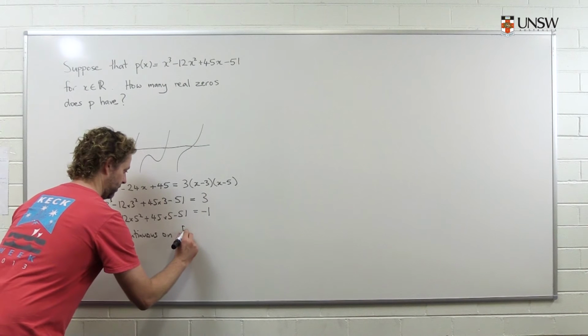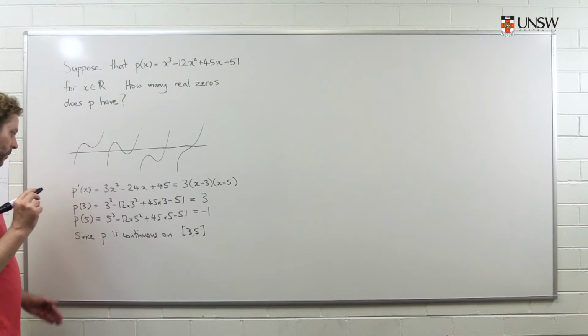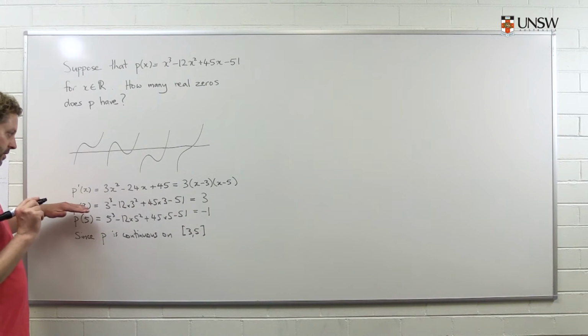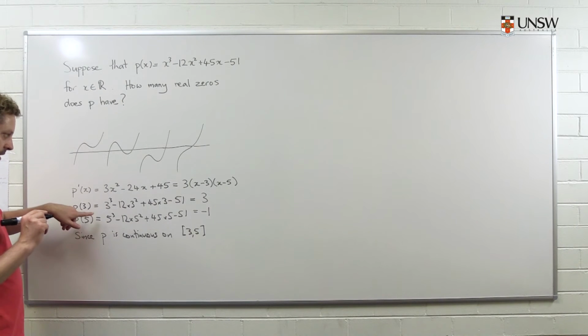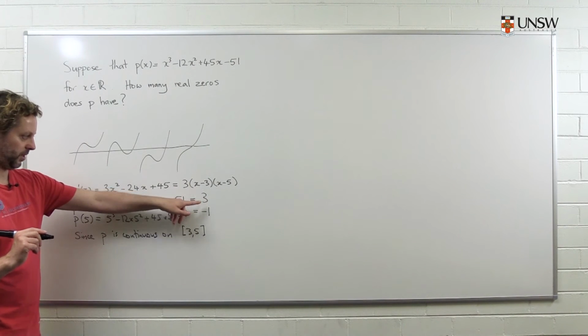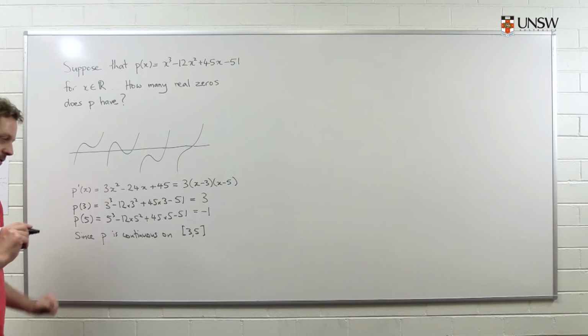on the interval from 3 to 5, the intermediate value theorem says that there will be a point at which the function p takes any value you choose between 3 and -1, and we're going to be interested in where p takes the value 0.